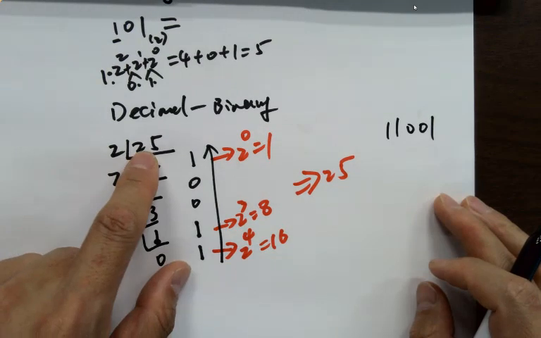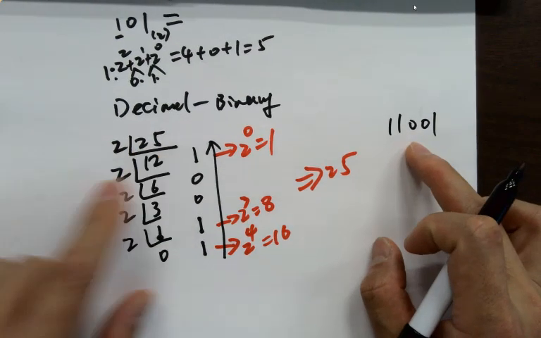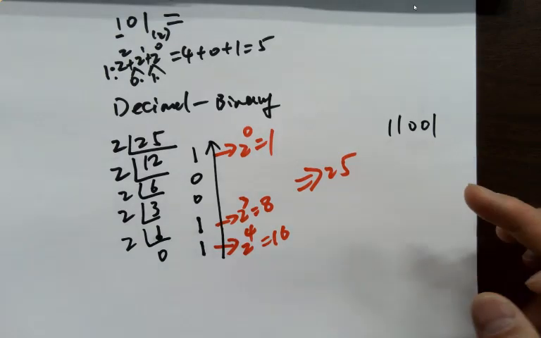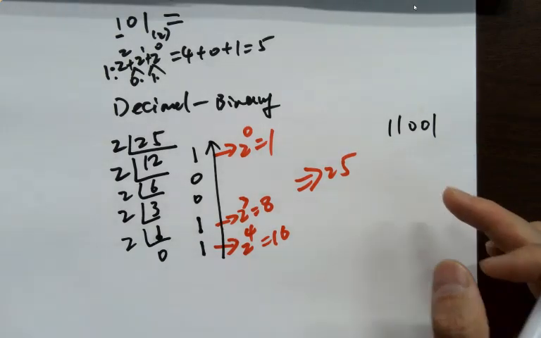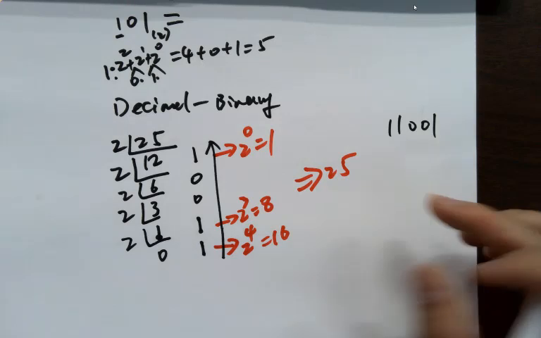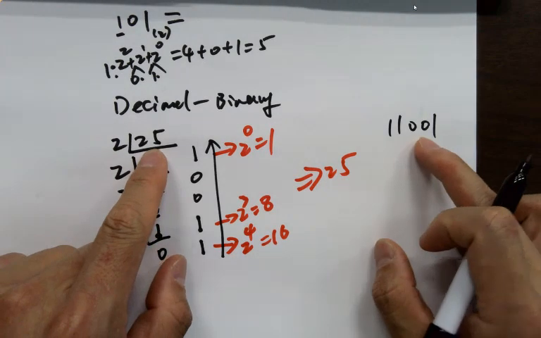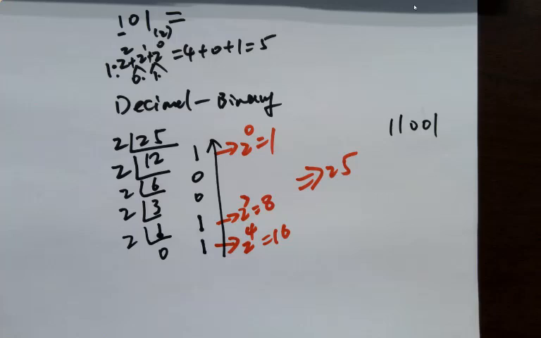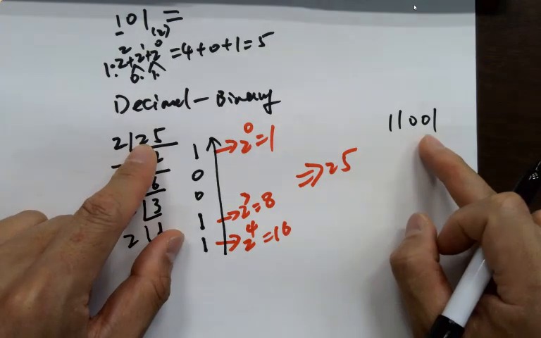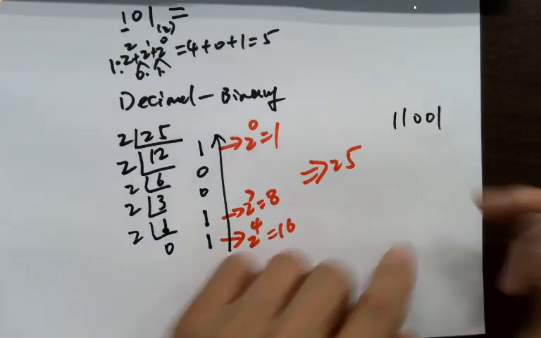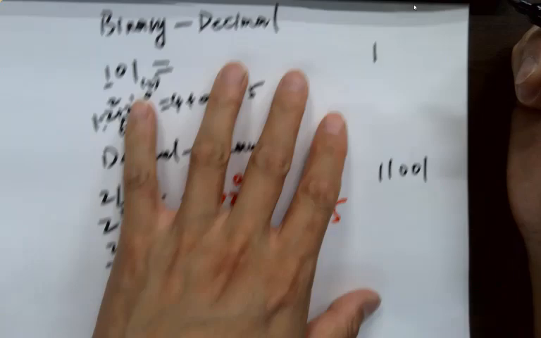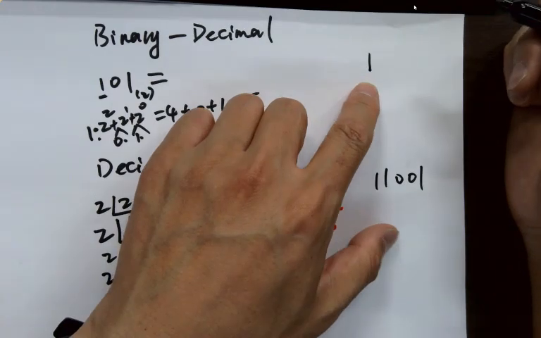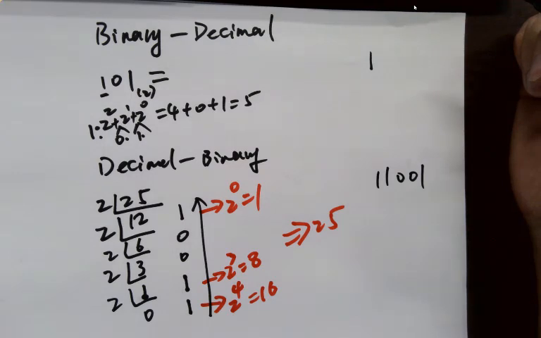But before we converted it, we didn't know that. 25 is this. No argument, accept it. If I draw 1, naturally it's 1. It's like $1 is $1.